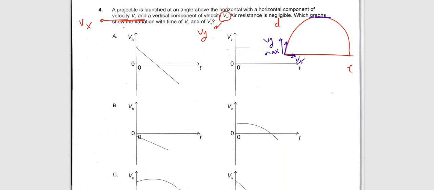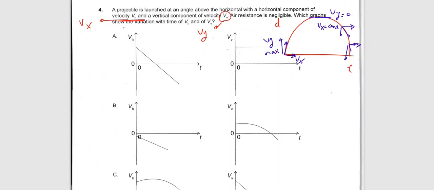So here I will have V in the Y direction equal to 0, while V in the X direction is always constant. And then the velocity in the Y direction will start to increase again, while V in the X direction doesn't change until it hits the ground.